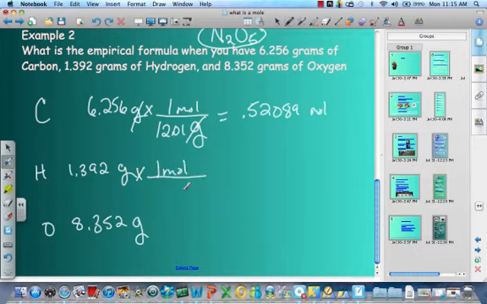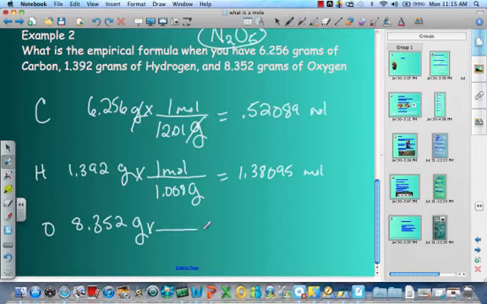So now let's go ahead and convert hydrogen to moles. Hydrogen's 1.008. Okay, so I'm going to go ahead and take 1.392 divided by 1.008. That gives me 1.38095 moles.